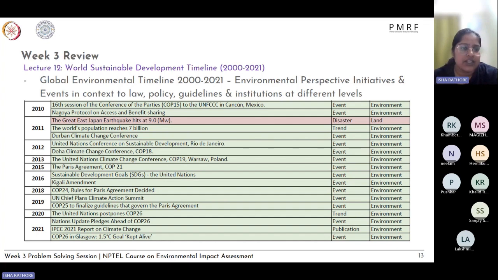2012, we had the United Nations Conference on Sustainable Development in Rio de Janeiro, and the Doha Climate Change Conference, that is COP 18. Then 2013 was COP19 in Warsaw, Poland. 2015 we have COP21, which was the Paris Agreement. 2016 we had the Sustainable Development Goals, which were published by the United Nations.